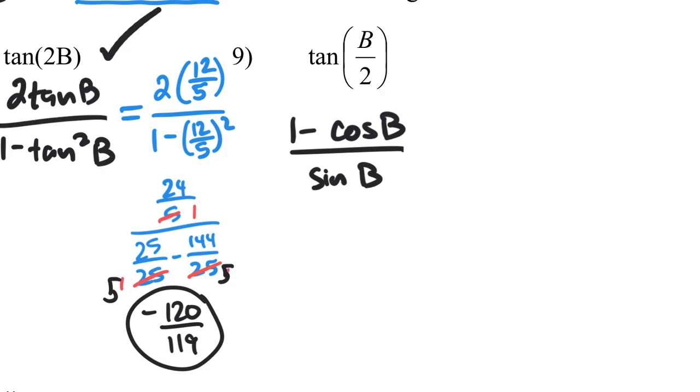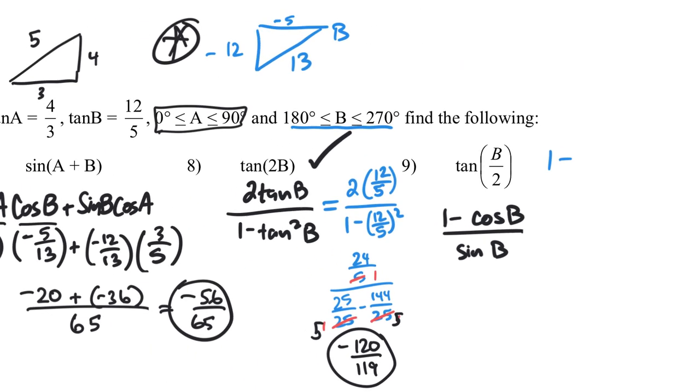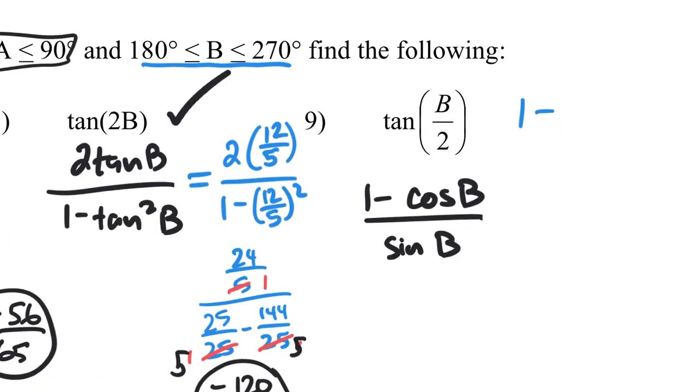Here we have the tangent of b over 2. So I'm using 1 minus cosine b over sine of b. Nothing really specific about that one that I love, other than the denominator's not as complicated. So I'm going to plug in 1 minus, well, the cosine of b was negative 5/13.